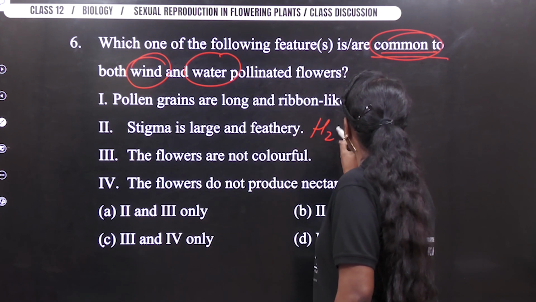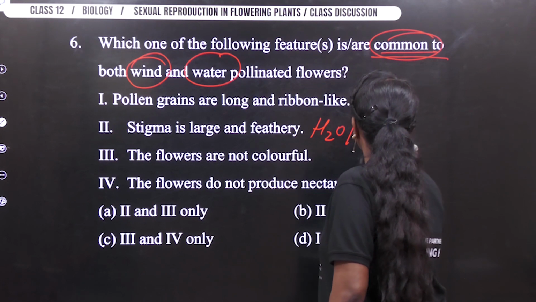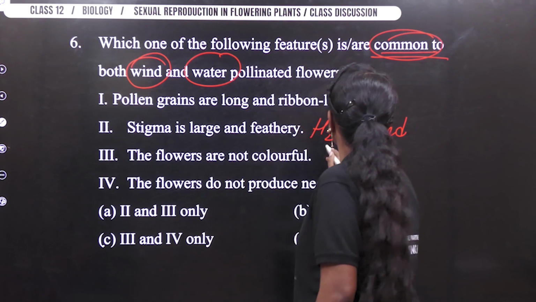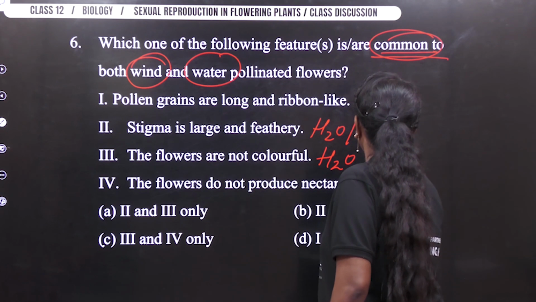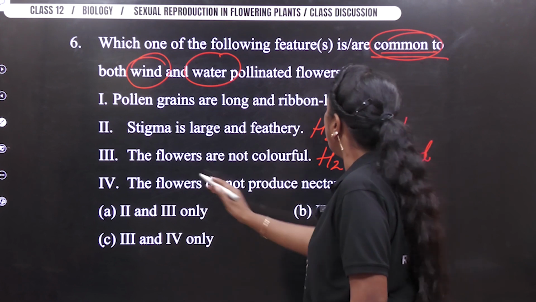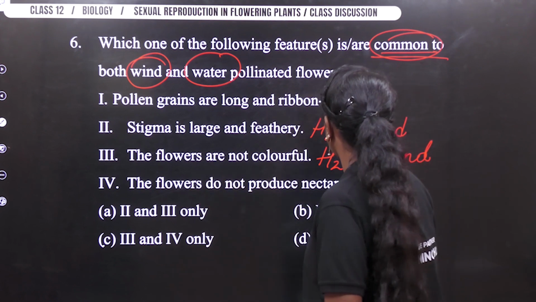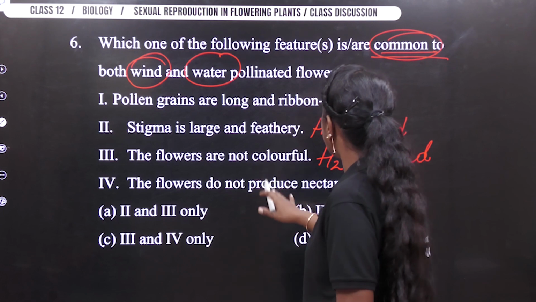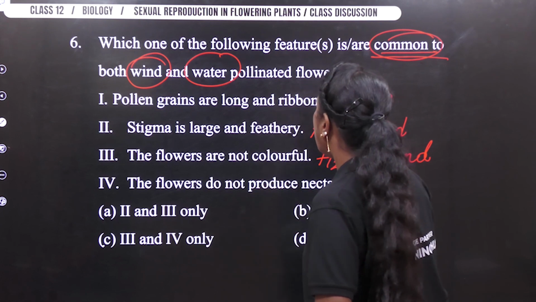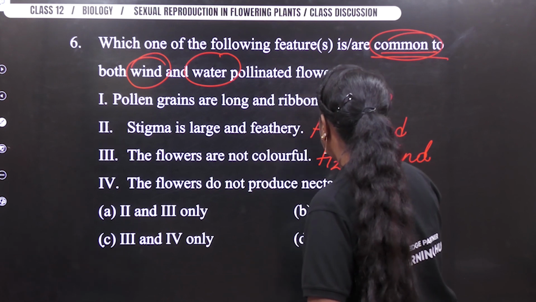So that means water as well as wind pollination. The flowers are not colorful. Yes, for both of them, flowers are not colorful. So I'm writing here wind and water. Flowers do not produce nectar. Yeah, they do not produce nectar.